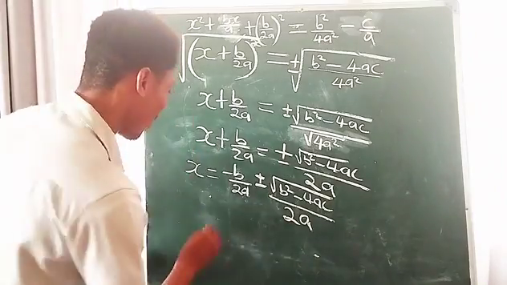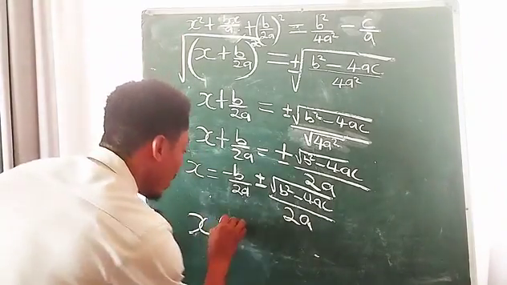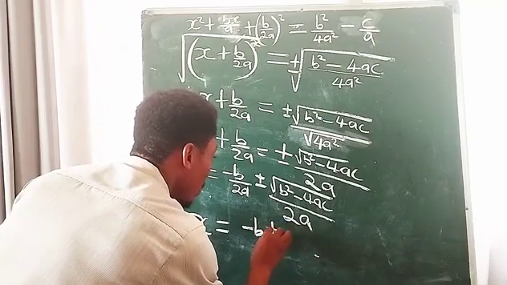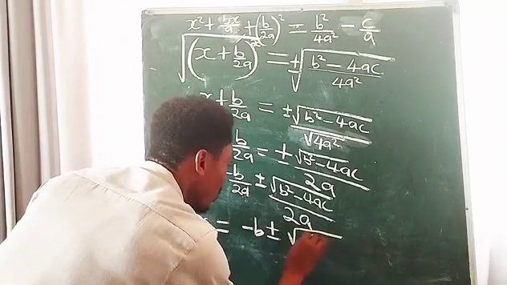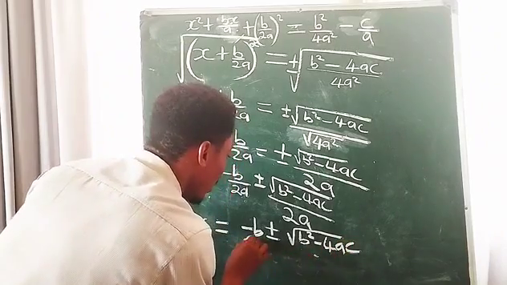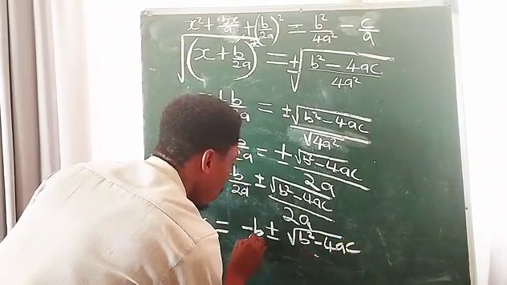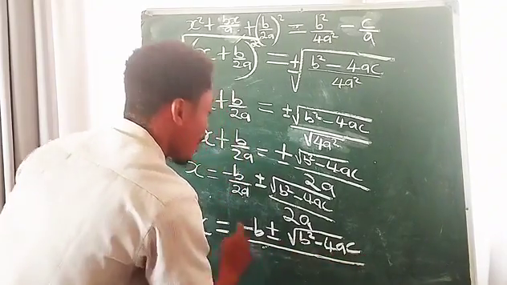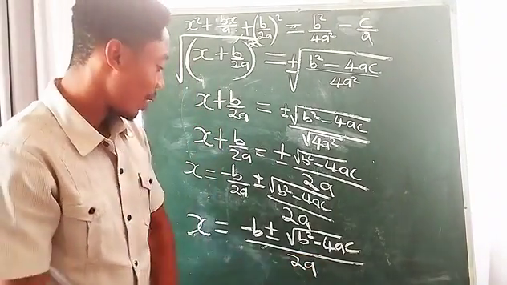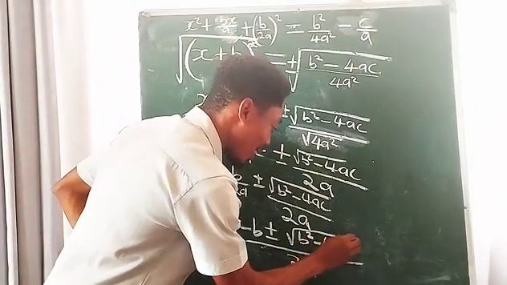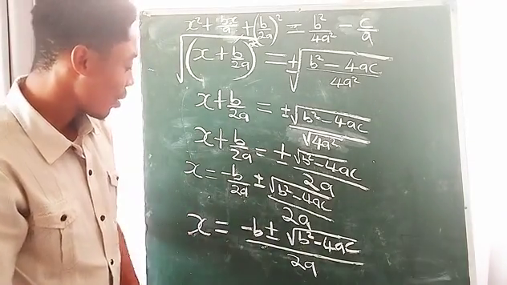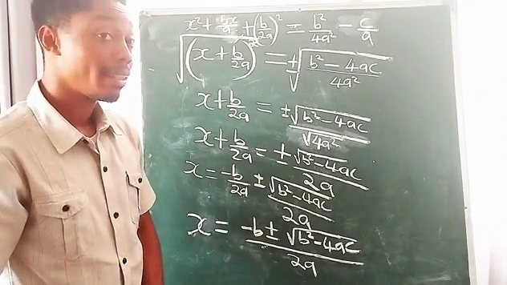So this will become x equals minus b plus or minus the square root of b squared minus 4ac, all over 2a. At this point we have successfully gotten to where we can say that this is the quadratic formula.